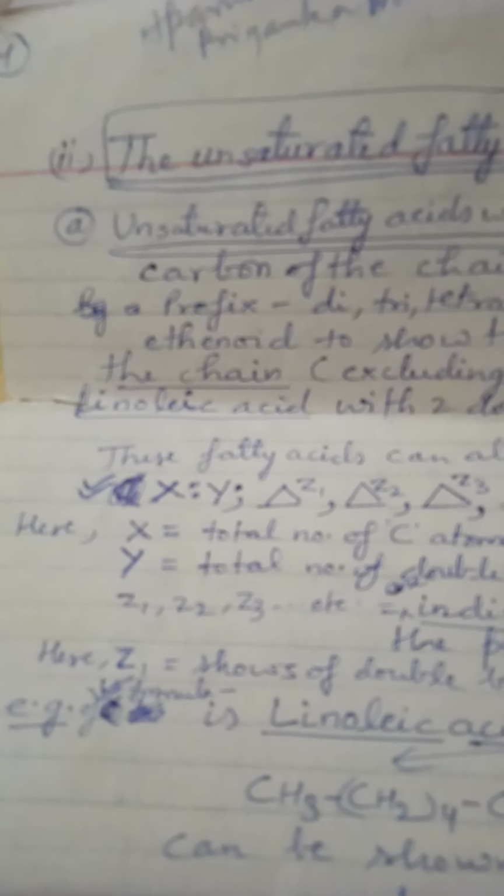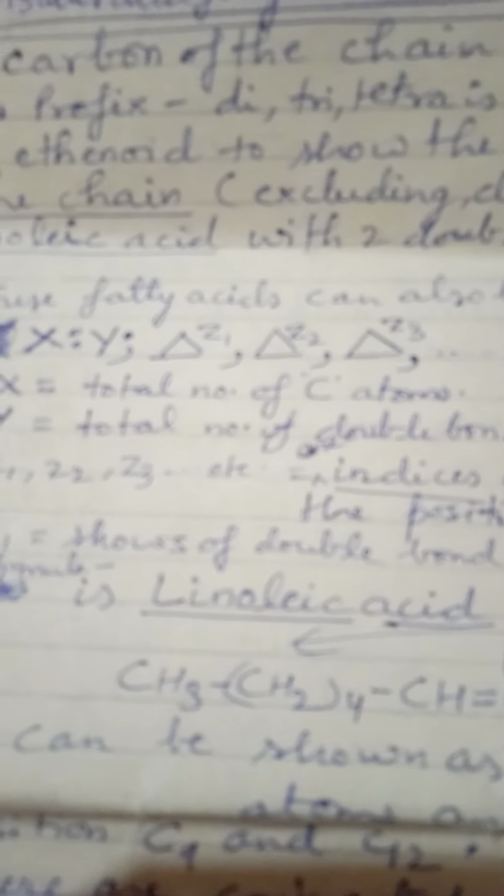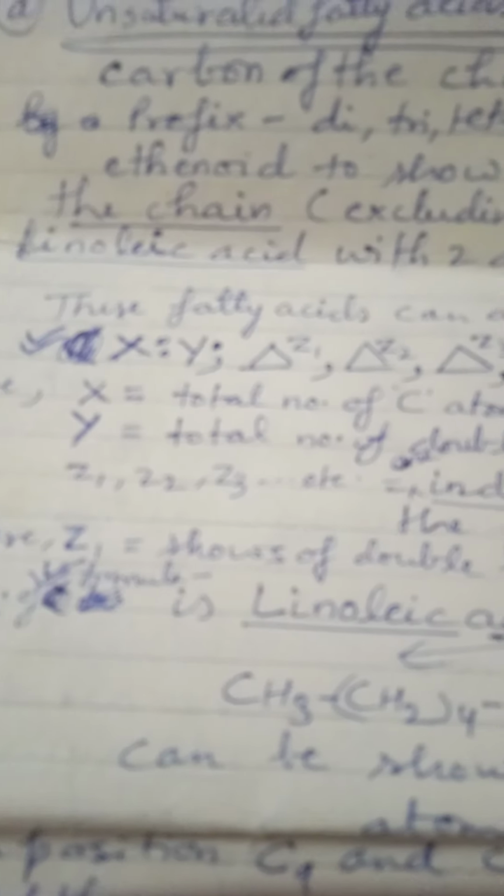You might have seen this formula where the fatty acid can be represented, where X represents the total number of carbon atoms, Y shows the total number of double bonds, and Z1, Z2, Z3 show the positions of double bonds. So please go through it.